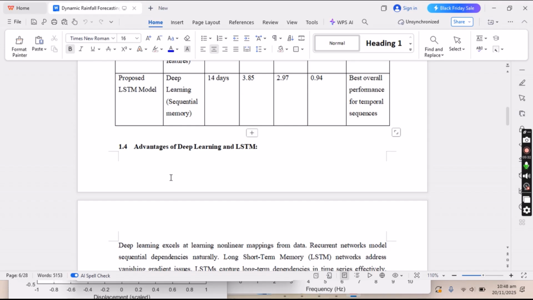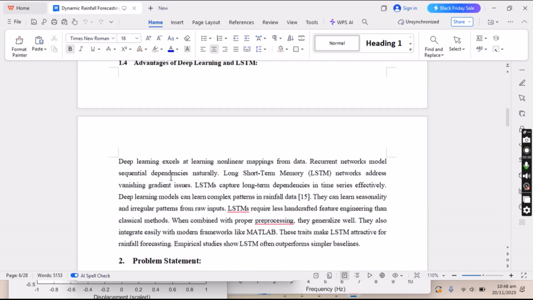So the advantage of long short-term memory rainfall forecasting is that we can predict accurate values, 94%, and it also provides the seasonality and irregular patterns from the raw data.